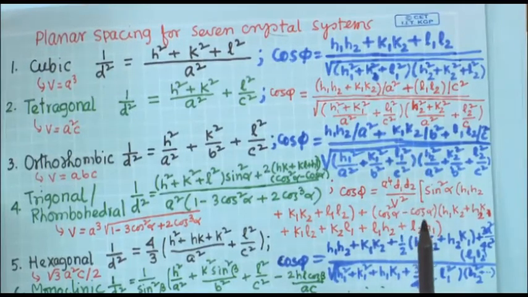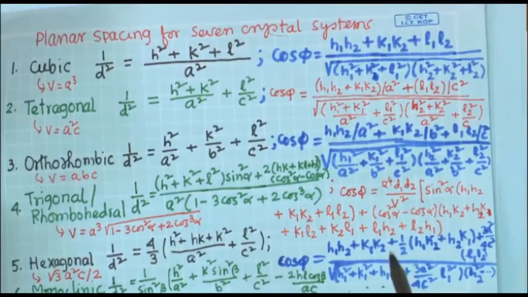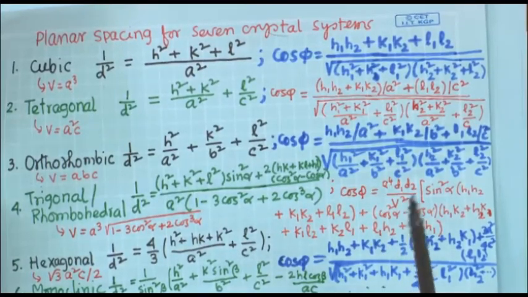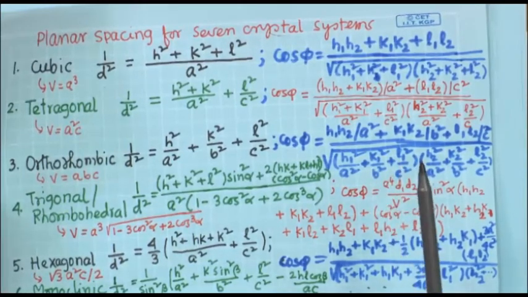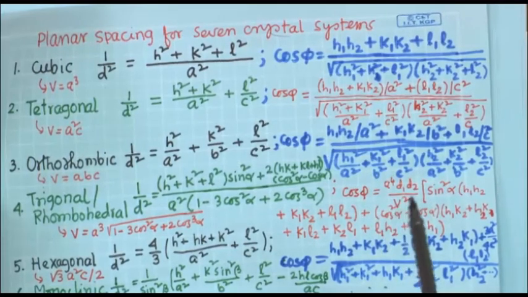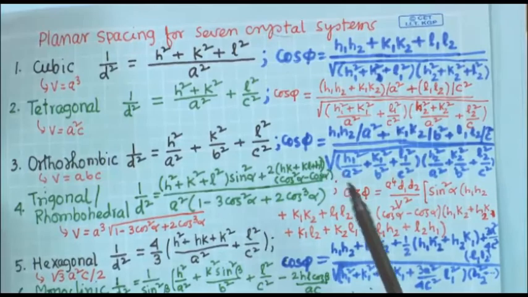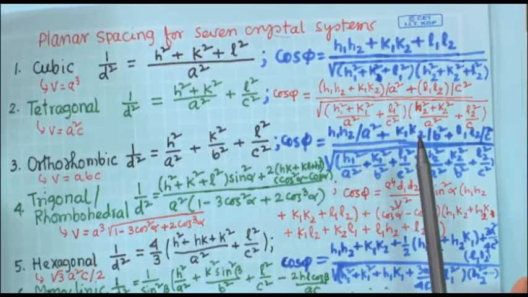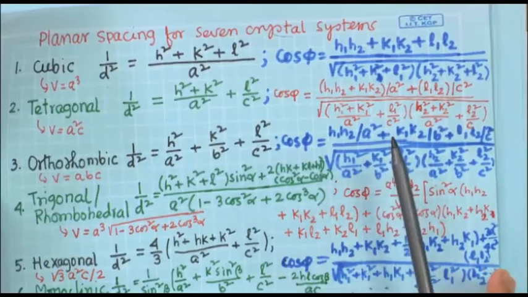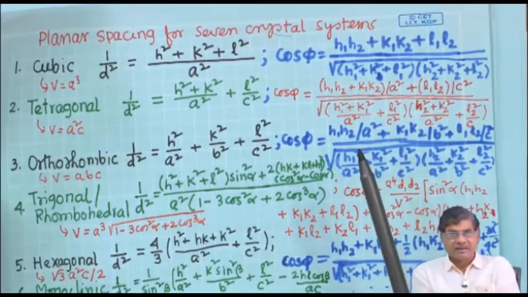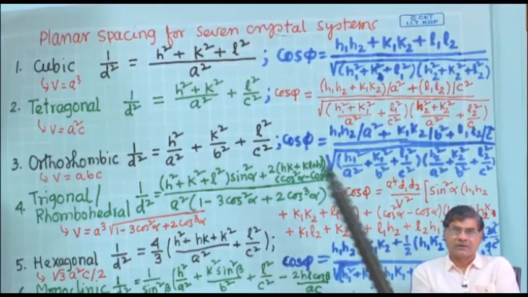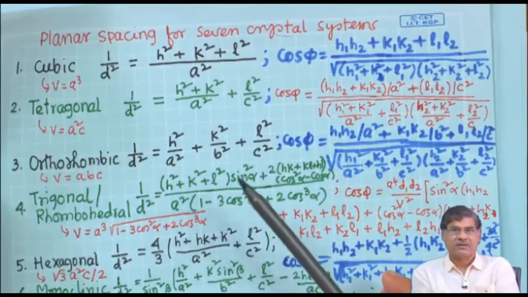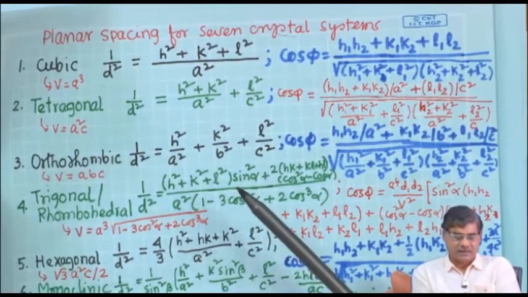From the XRD pattern you are indexing. When you are indexing, that means you know the h k l values of the planes corresponding to each Bragg peak, and lambda is known to you, and then you can find out the d value from the sin square theta value.